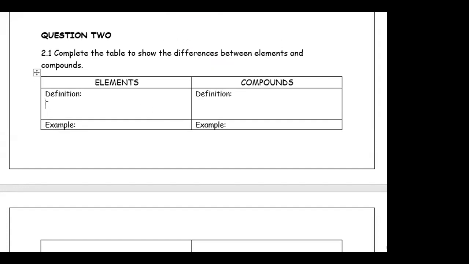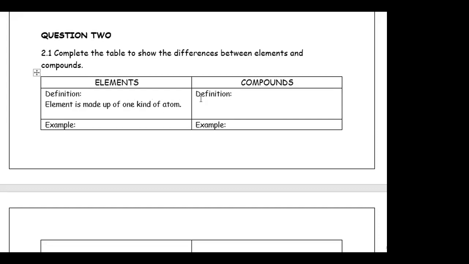If you know the answer, pop it into the chat. An element is made up of one kind of atom. All right.